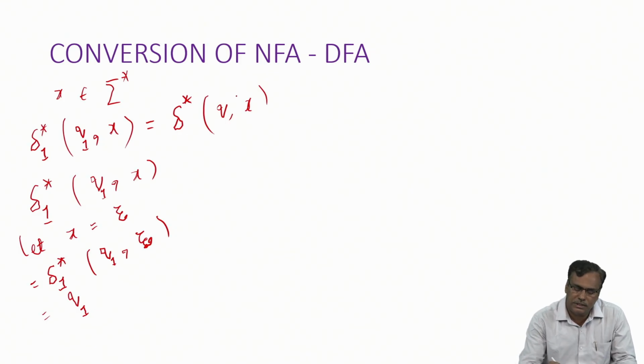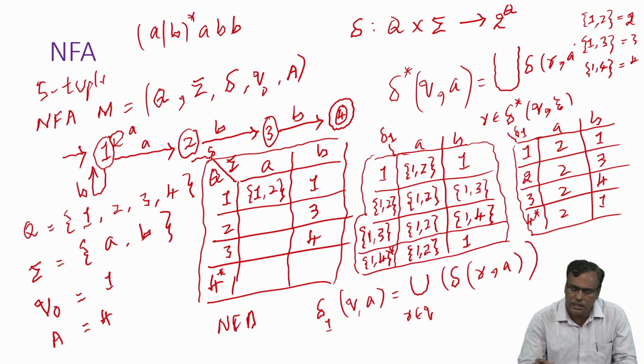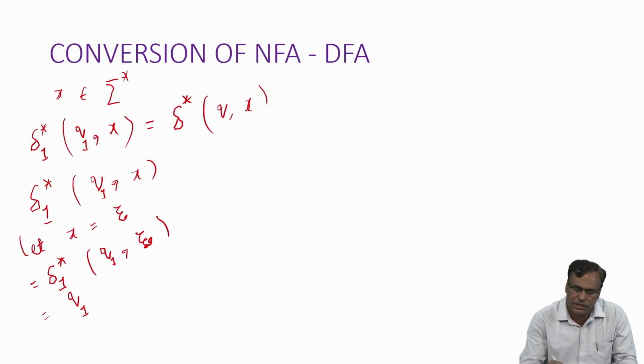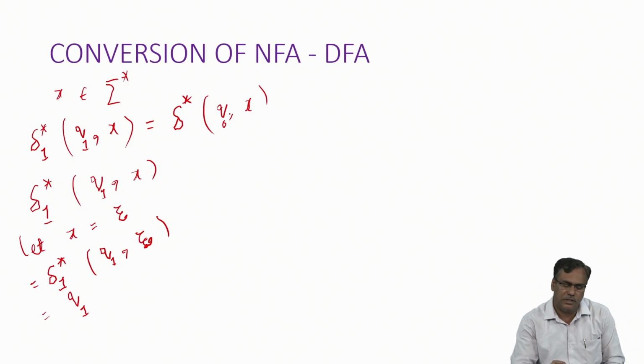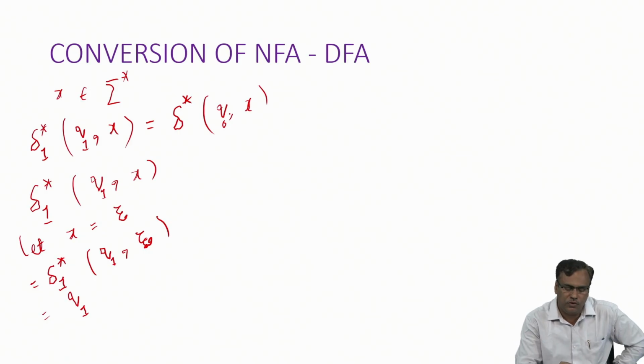And with respect to the NFA, I have used the transition function name delta, and the start state q naught. Any transition starts with the start state itself. So we have to prove delta 1 star of q1 x is equal to delta star of q naught x.